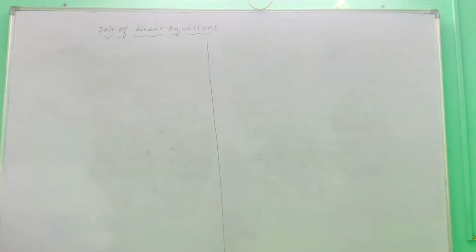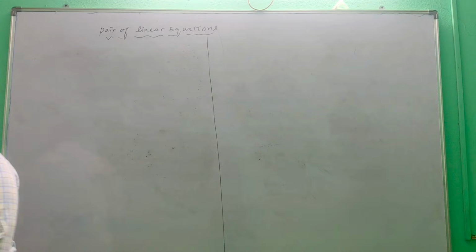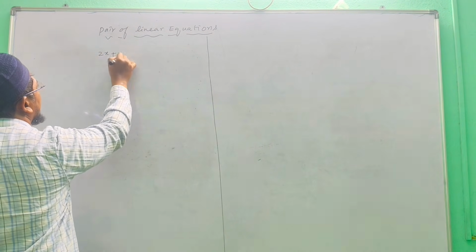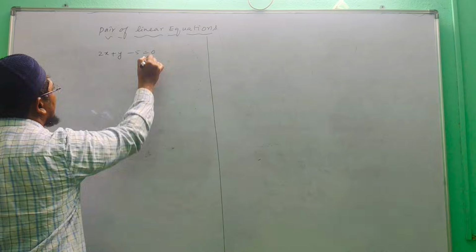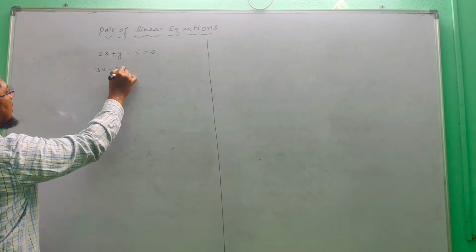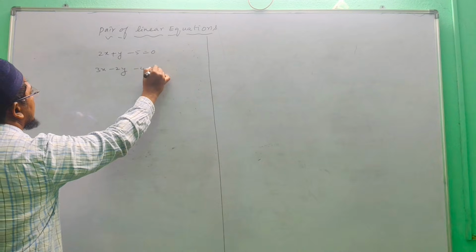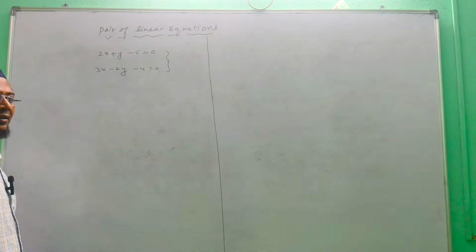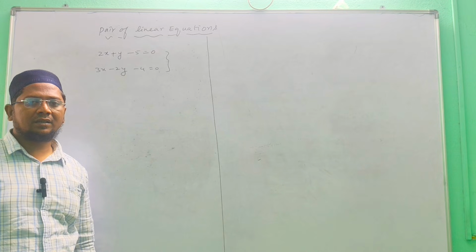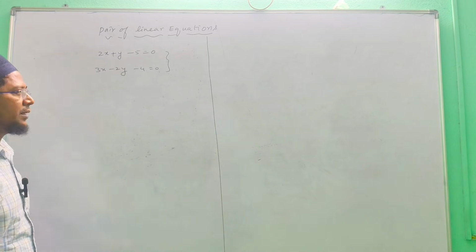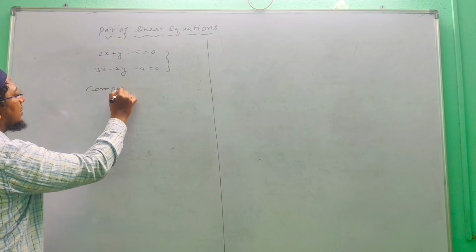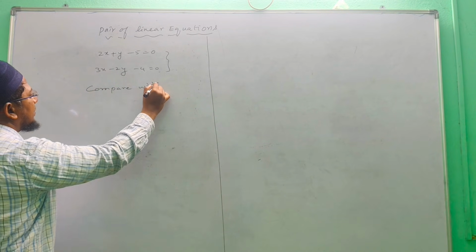The first one is 2x plus y minus 5 equal to 0 and 3x minus 2y minus 4 equal to 0. We have to check whether these two lines are parallel, intersecting, or coincident. Step 1, compare with the general equation.